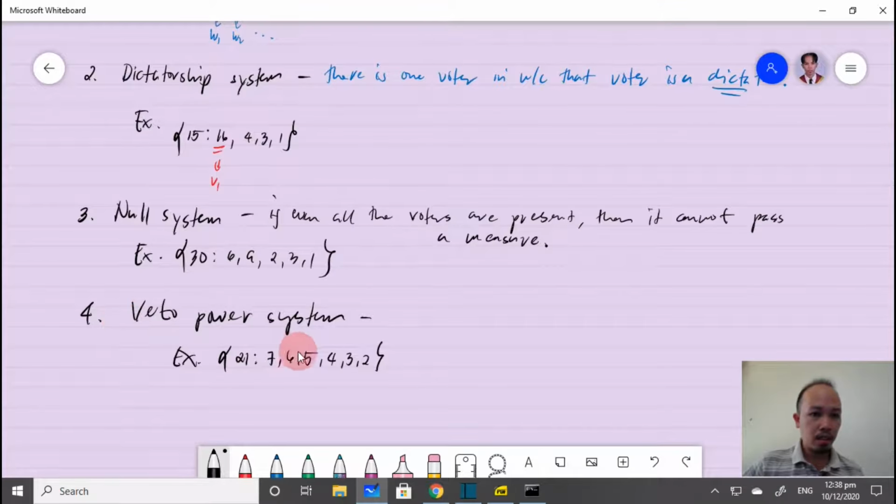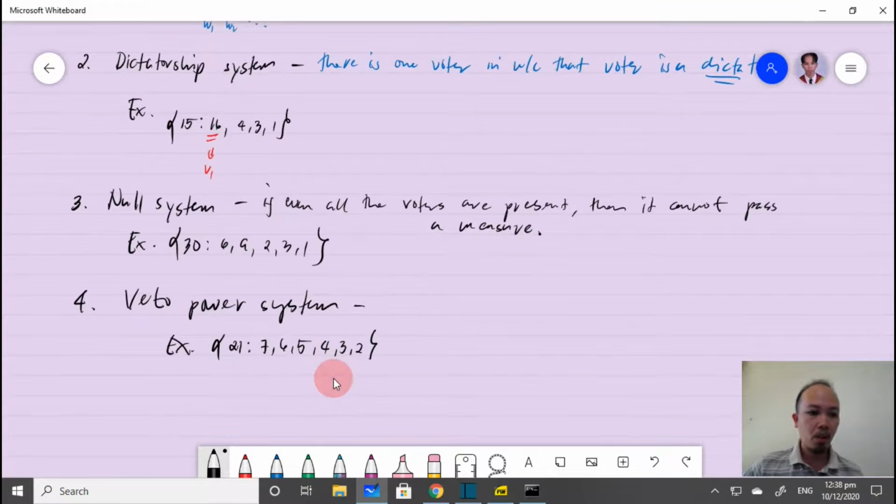This weighted voting system is a veto power system. Why? Because of the sum of the votes, as you can see here, we have 7 plus 6 is 13, 18, 22, 25, 27.